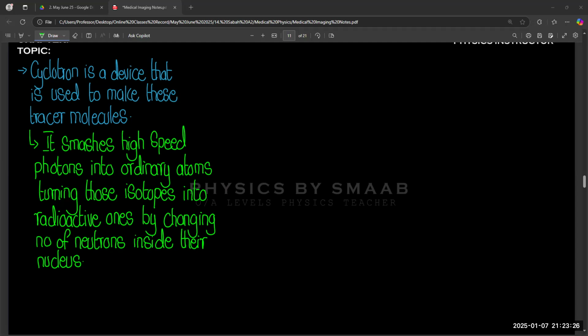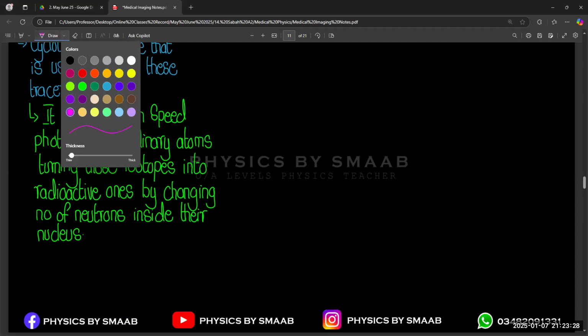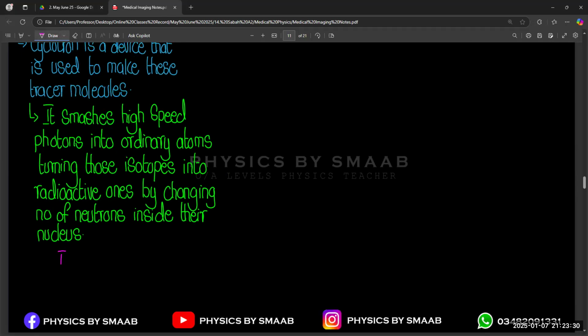if the neutron number is less than the proton number, we will get beta negative.